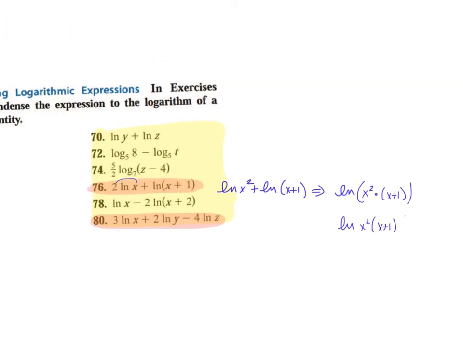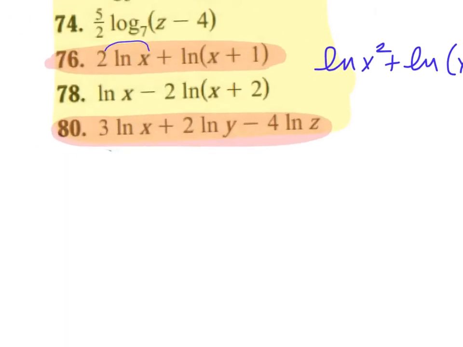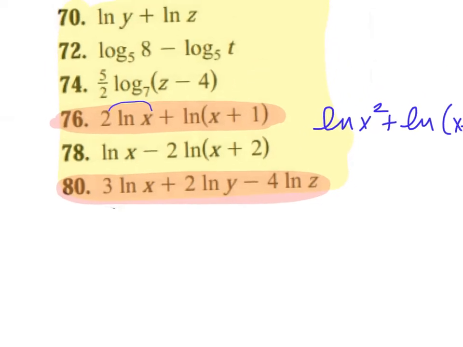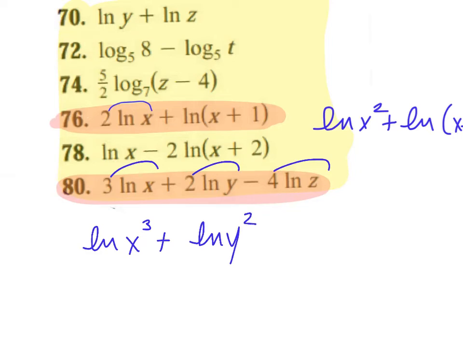Yes, sir? Okay, look at 80. 80's got a lot of stuff going on. Tell me a couple things you see. Okay, I see addition and subtraction. Good. So when I see addition, I think multiplication, and when I see subtraction, I think division. I heard somebody say coefficients become exponents. All right, that's generally the first thing I do. I'm just going to write natural log of x cubed plus the natural log of y squared minus the natural log of z to the 4th.